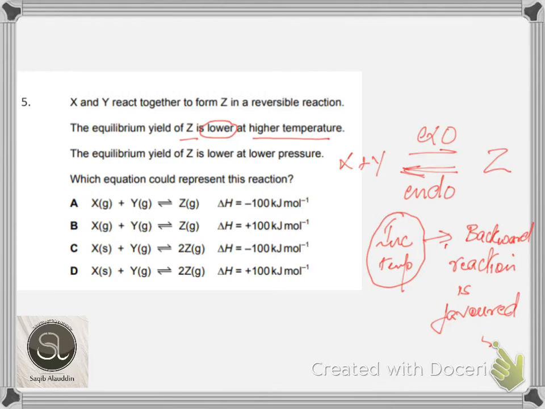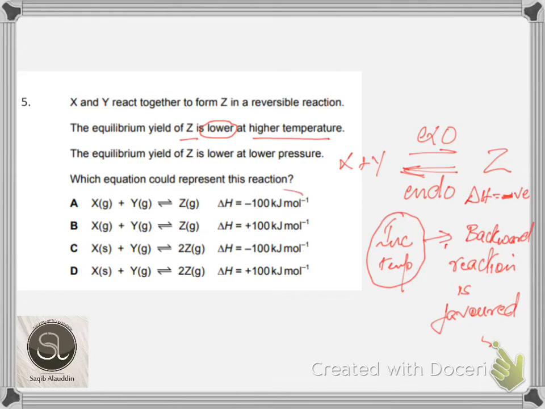Remember, whenever we increase the temperature in a reversible reaction, according to Le Chatelier's principle, the endothermic reaction is favored. And in this case the backward is endothermic, the forward is exothermic, and hence the delta H for the reaction has to be negative, because the delta H is for the forward reaction.